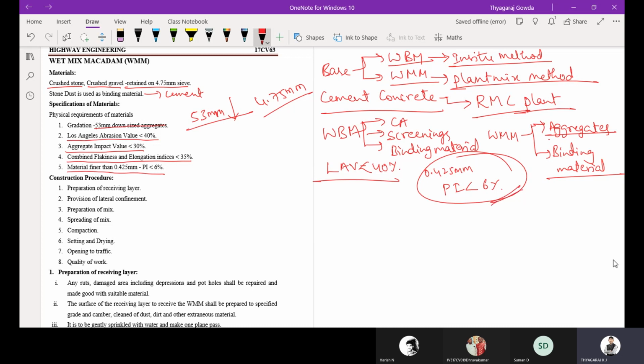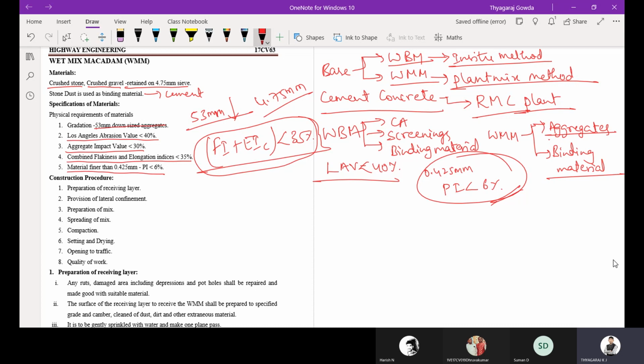And remember the combined flakiness and elongation index for all the layers: I am telling again, for all the layers it should be less than 35%. This is common for all the layers.